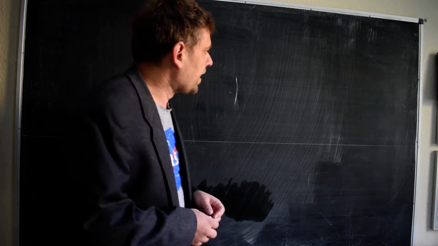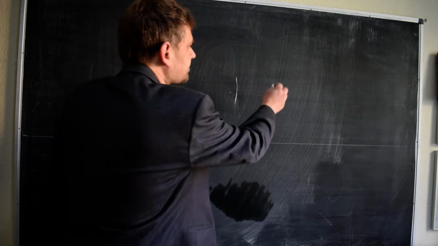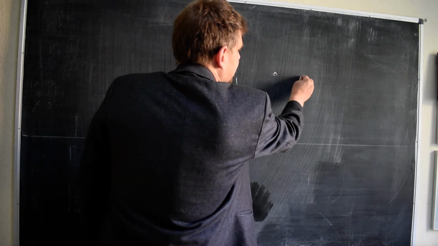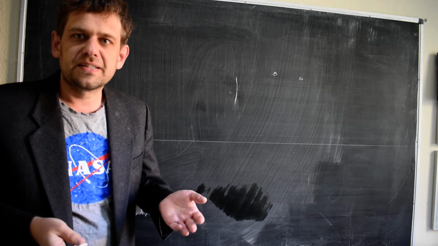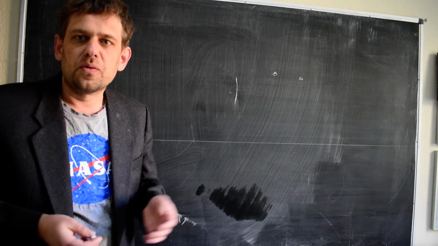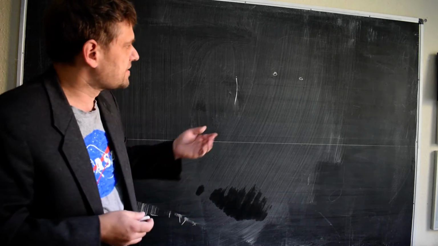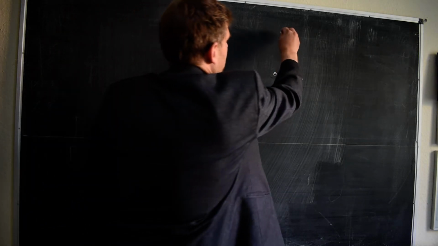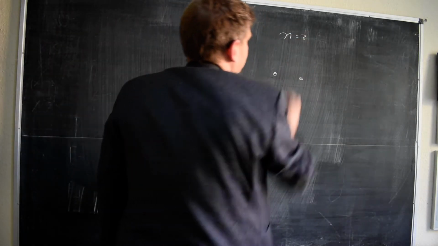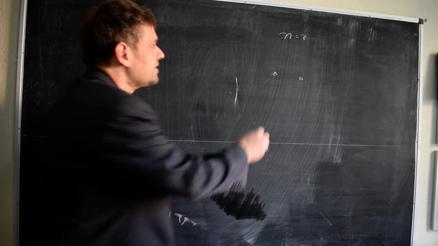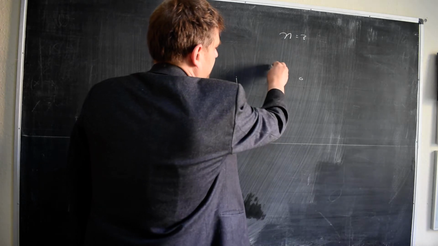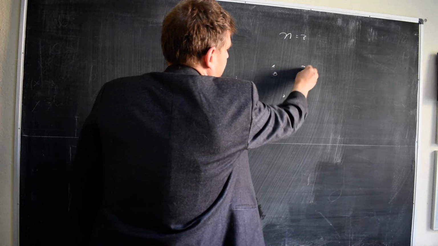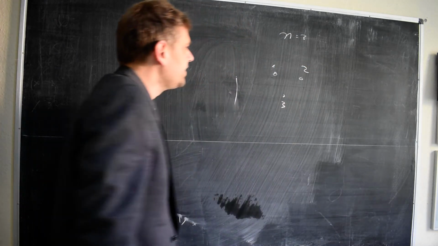So let me describe our setting. We look at a system which is made up of n particles, and for now, without loss of generality, let's assume that n is equal to 3. But you can pick any n you like. So we look at such a system, which is made up of, in our case, particle 1, particle 2 and particle 3.